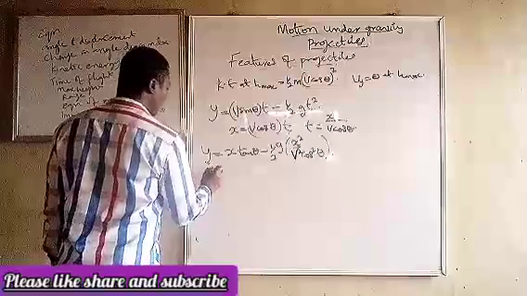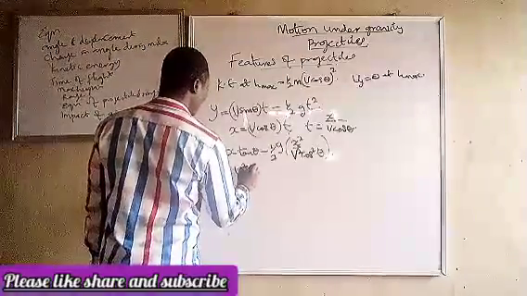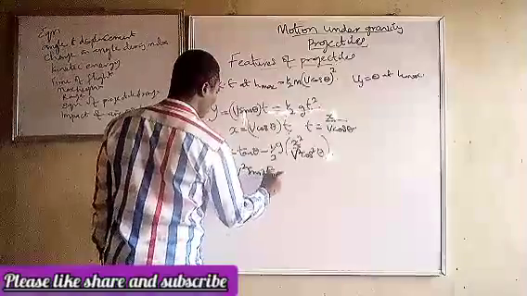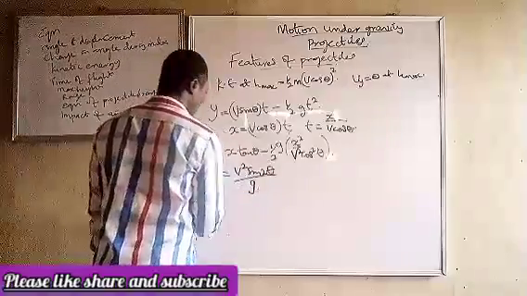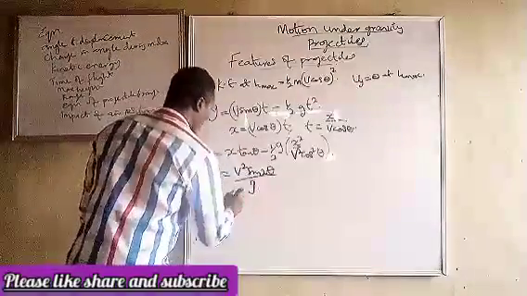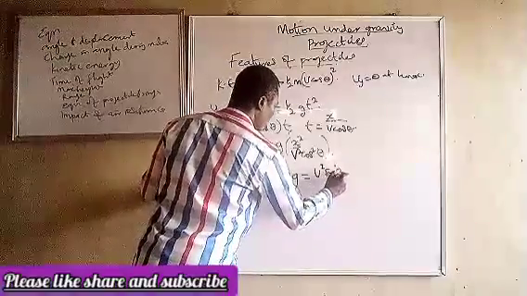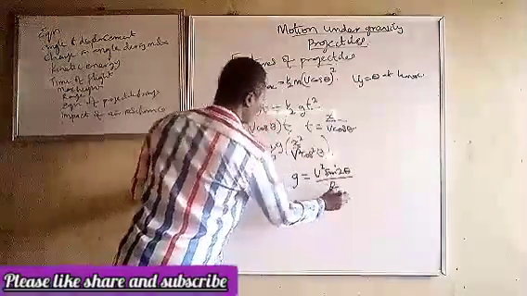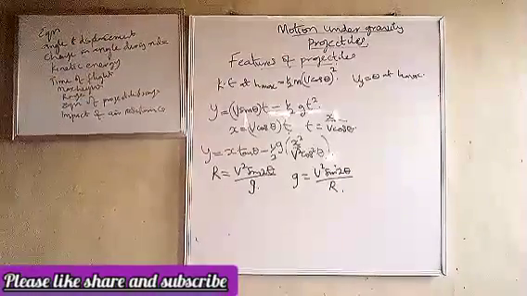Then y equals x tan theta minus half g x squared over v squared cos squared theta. And we also know that r is equal to v squared sine 2 theta over g. So g is equal to v squared sine 2 theta over r.